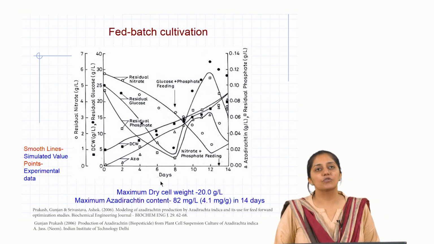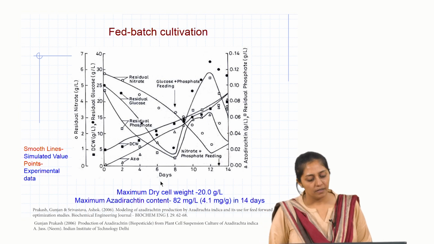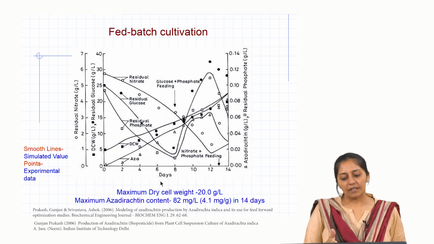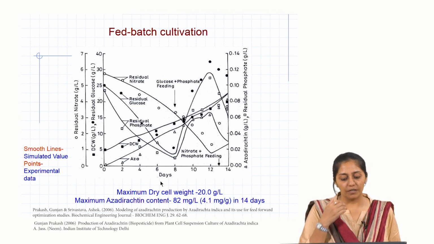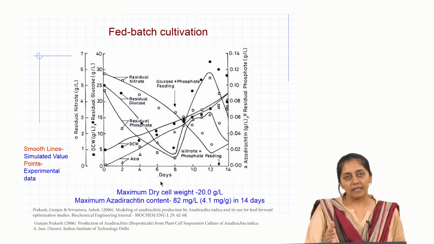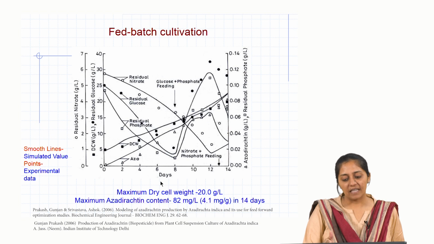If you see the kinetics here, the plot shows that as the feeding started from the 8th day, you can see the residual nitrate, residual phosphate and glucose concentrations getting high, and gradually the biomass increasing and the azadirachtin also increasing.